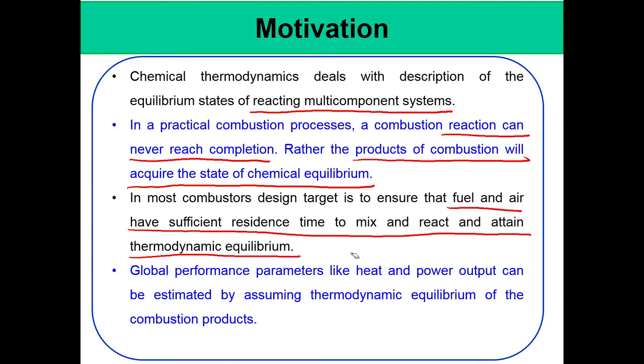Now, when you do a first cut engineering design, you do not need to go into things like how the flame looks inside a combustor, how the flame structure looks, or how the flow looks. Of course, those are needed for optimizing the combustor or the engine, but for the first cut analysis you need to know the heat and power output you can obtain from the combustor, and that can be estimated by assuming thermodynamic equilibrium of the combustion products.